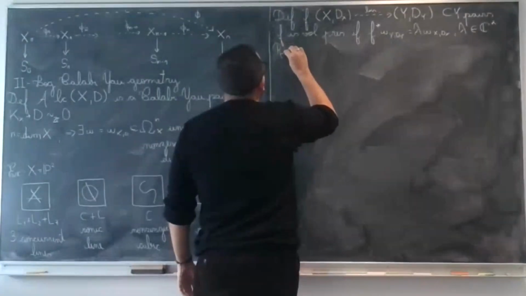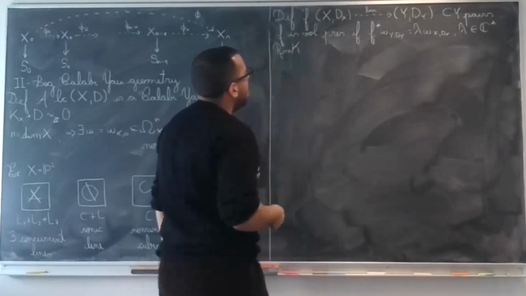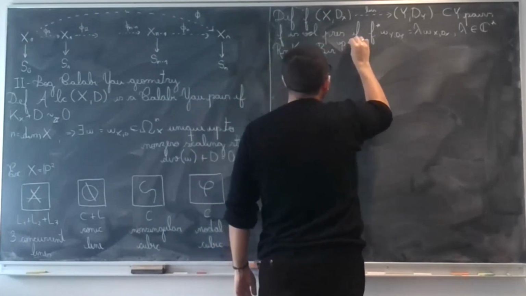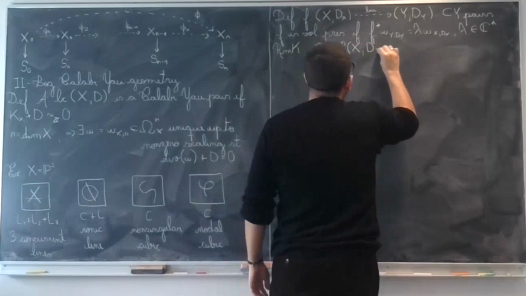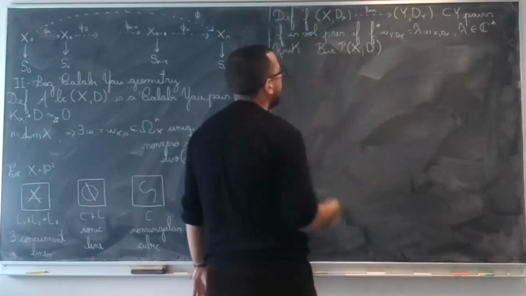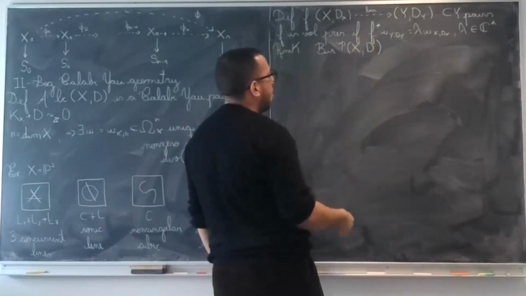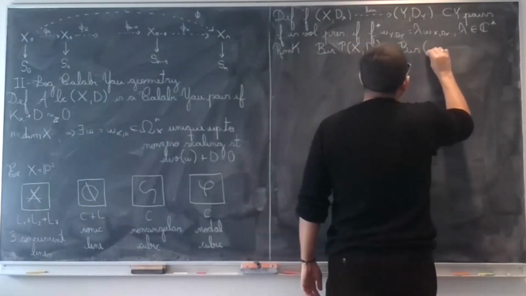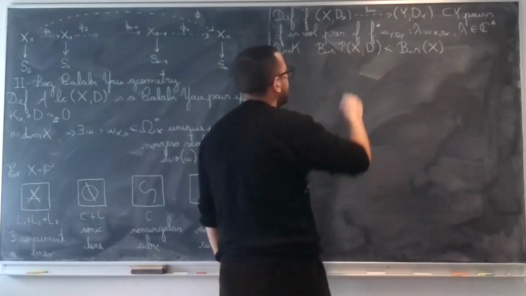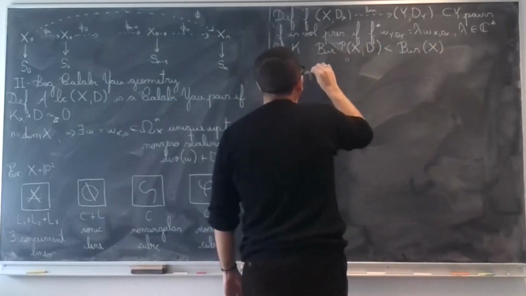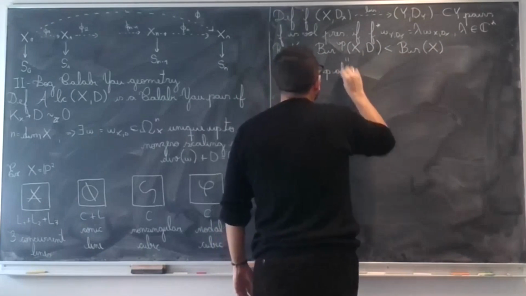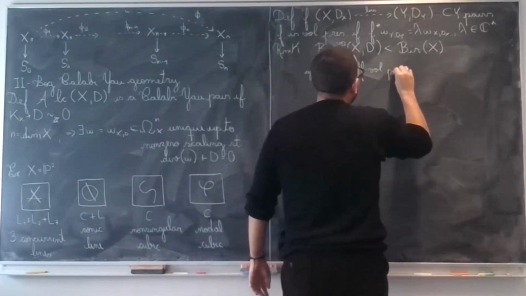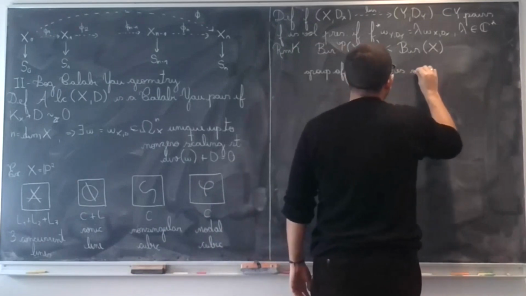And just a remark: it's easy to see from this definition that if I consider the set of self-volume preserving maps of a given Calabi-Yau pair, this will form a group, and in particular will be a subgroup of the group of birational automorphisms of the ambient variety. So this is the group of self-volume preserving maps.